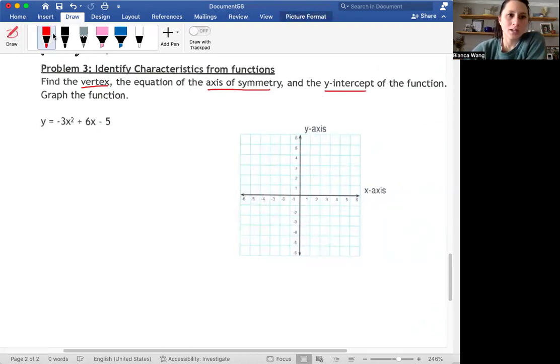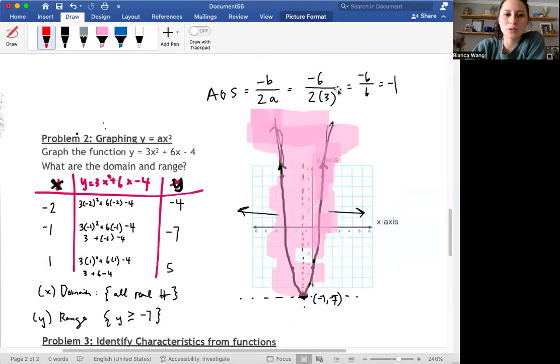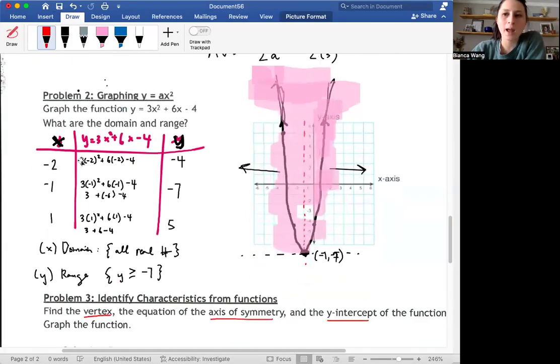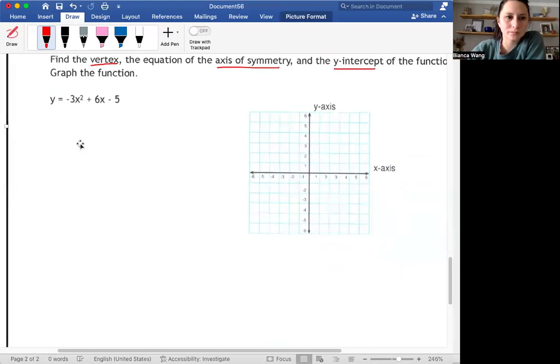So I would take some good notes over this, because if you know how to use these three parts, you don't have to make a table like we did above and just blindly put in random points to graph it anymore. So to find the vertex is actually the same way as looking for the axis of symmetry. So I'm going to put this together as one formula.